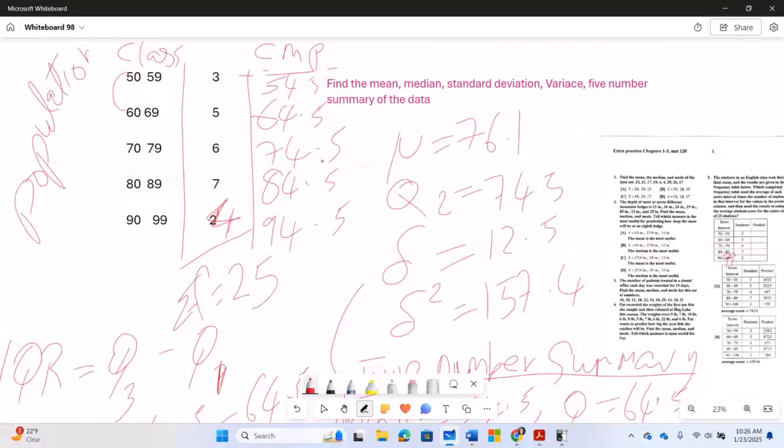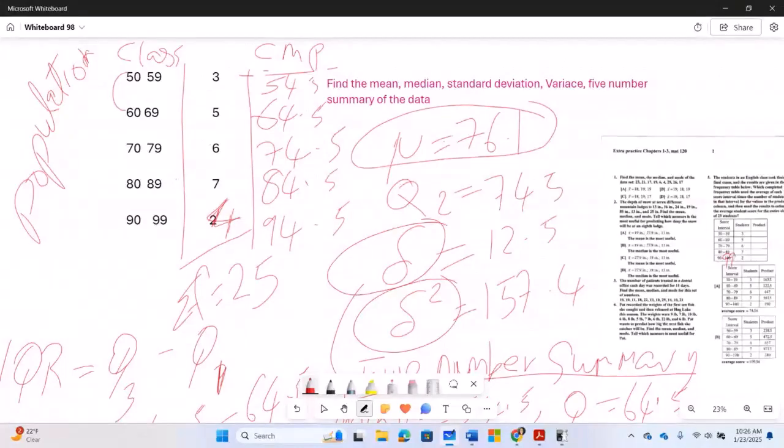The mean is a parameter, so I'm going to write mu there. Notice that I use sigma for standard deviation because it's the population standard deviation. Sigma squared is the variance. So I have answered all the questions.